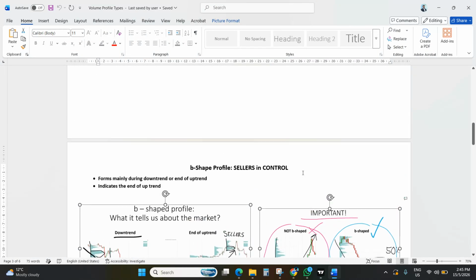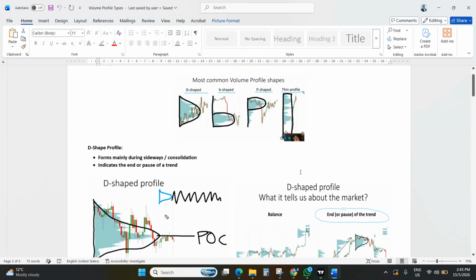If you want, I can quickly explain. This is my personal notes, right? So we can have D, B, P shape, or a thin profile. Basically these are the volume profiles that can appear in the market. And this one I learned from Trader Dale. Thanks to him for educating me.